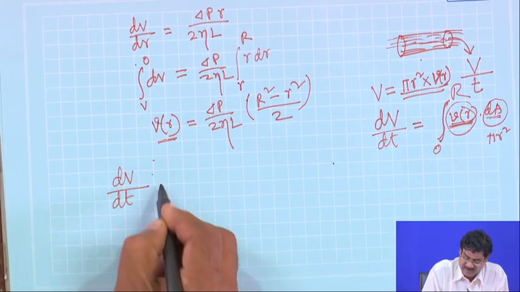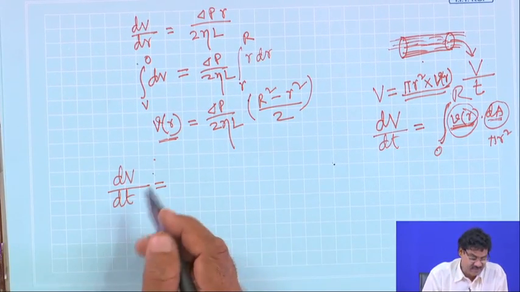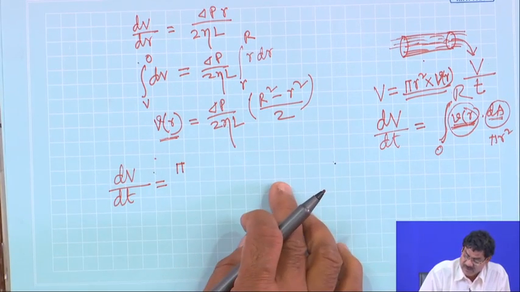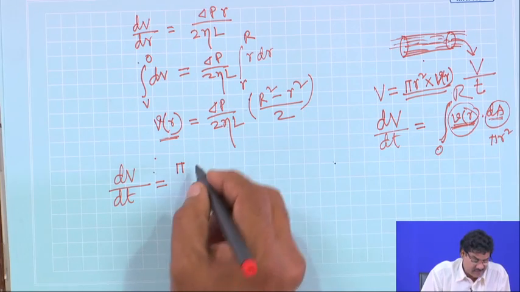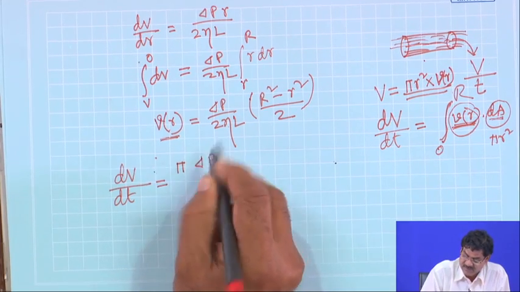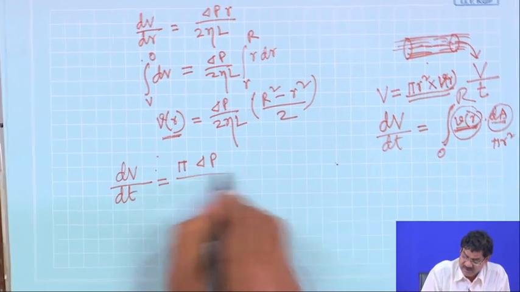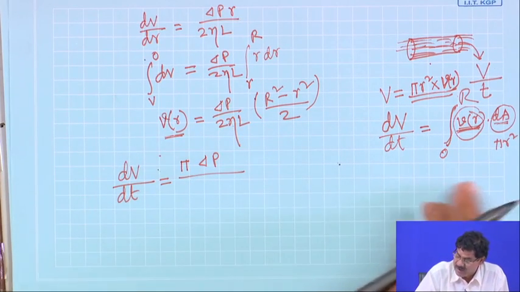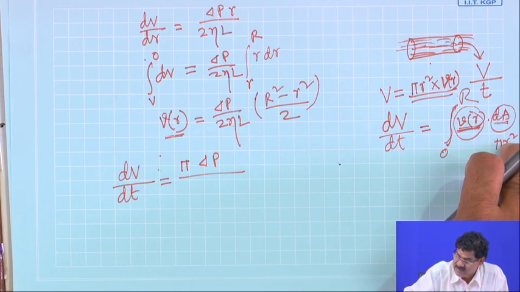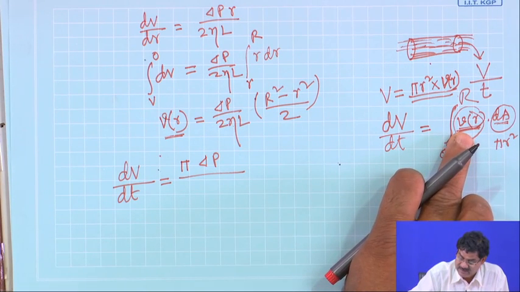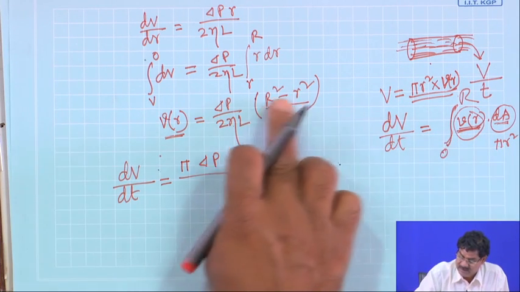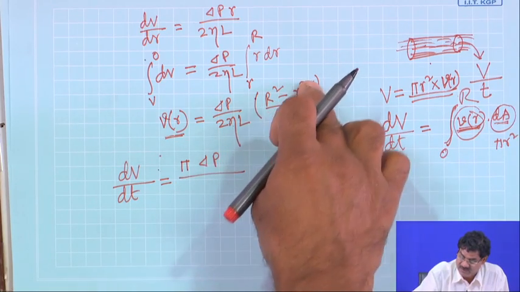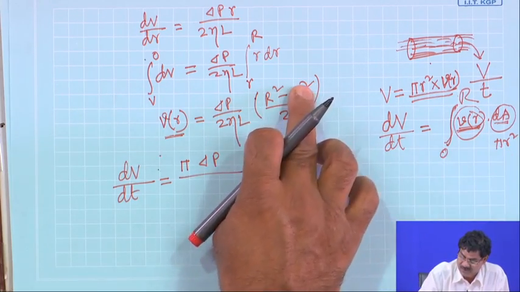I will get this relation: pi, then del p divided by 4 eta L, and here R square minus r square, so this gives r to the 4.